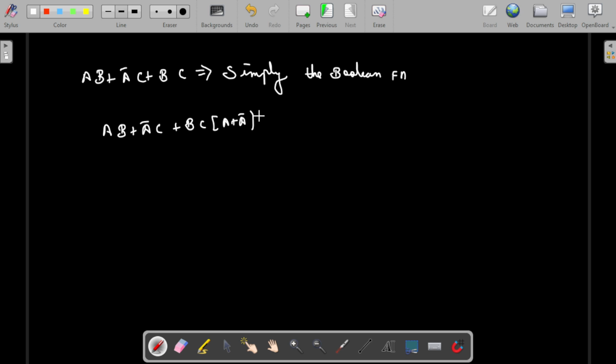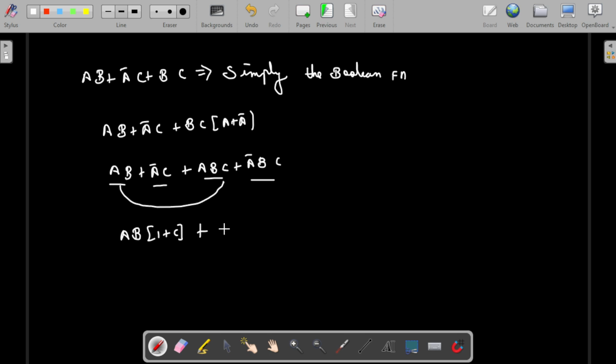So if we add this, ab plus a bar c plus bc a, I'm rewriting abc plus a bar bc. Okay, so let's take this term. Here we can take a bar c as a constant outside, and here we can take ab as a constant outside. So ab, then 1 plus c will be the term, so this is 1, and here a bar c, we are taking this as 1.